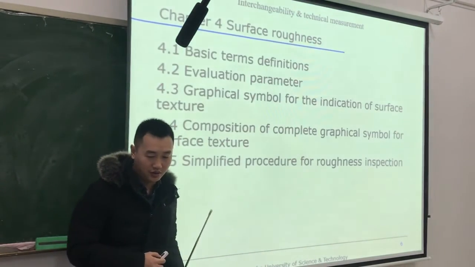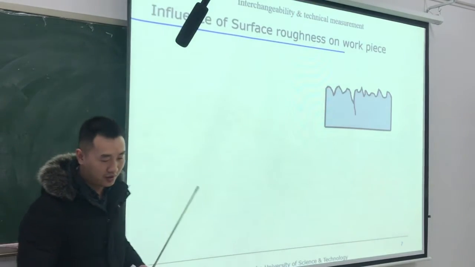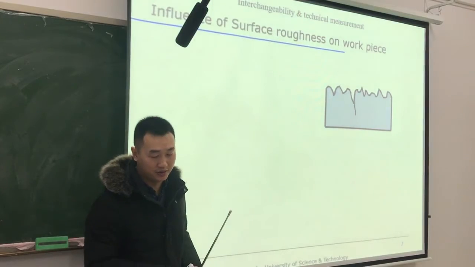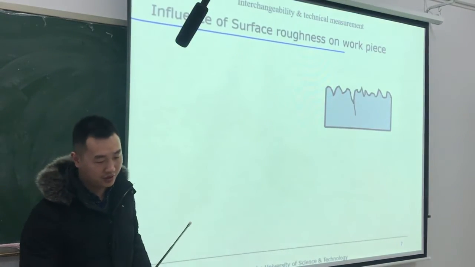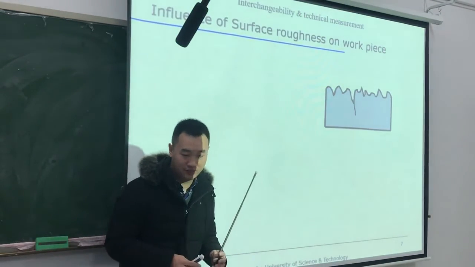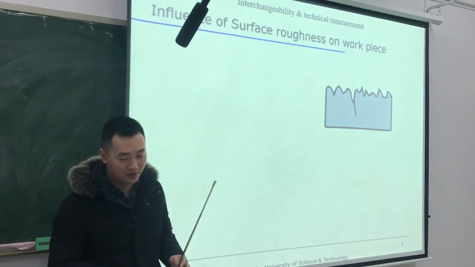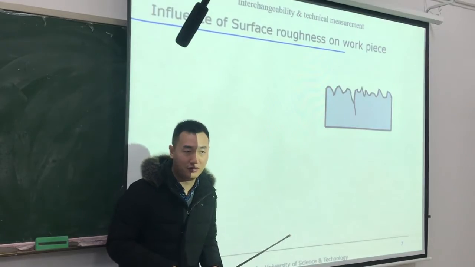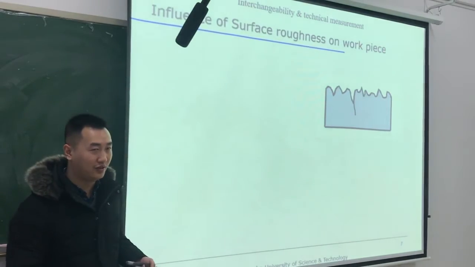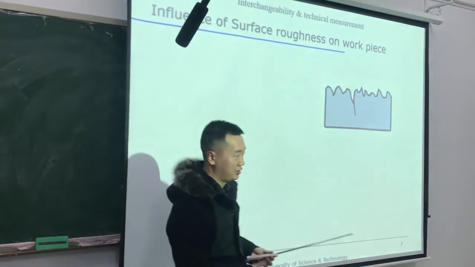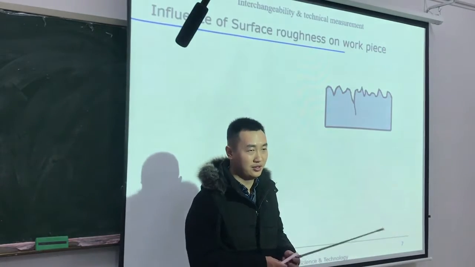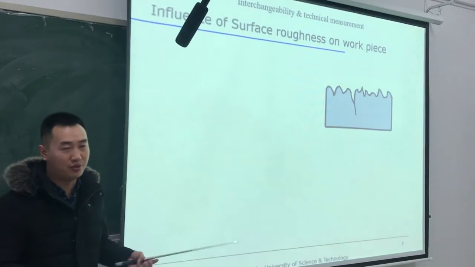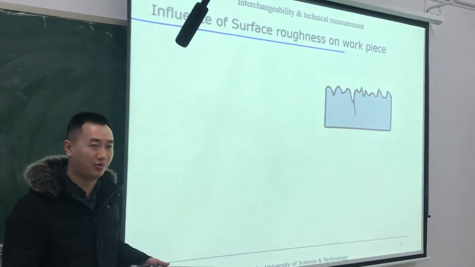First, I'd like to think about the influence of surface roughness on a workpiece. Normally, different things will have different surface roughness. For example, when we touch the surface of a notebook, you will feel that different notebooks have different surface roughness. It represents the quality of the notebook, right?